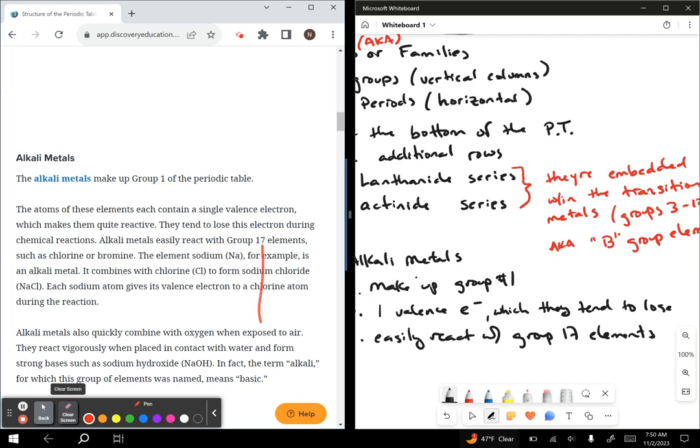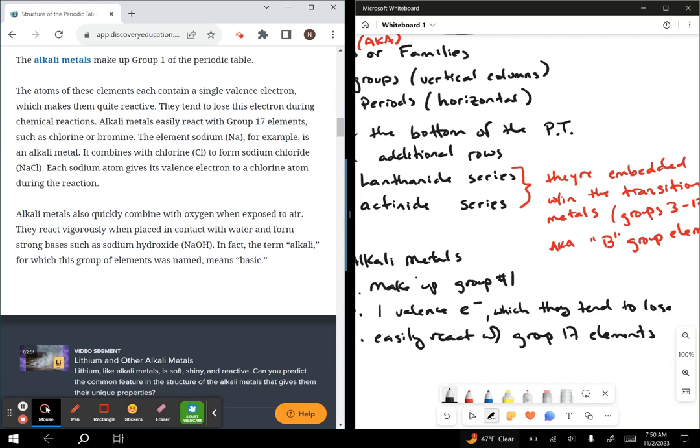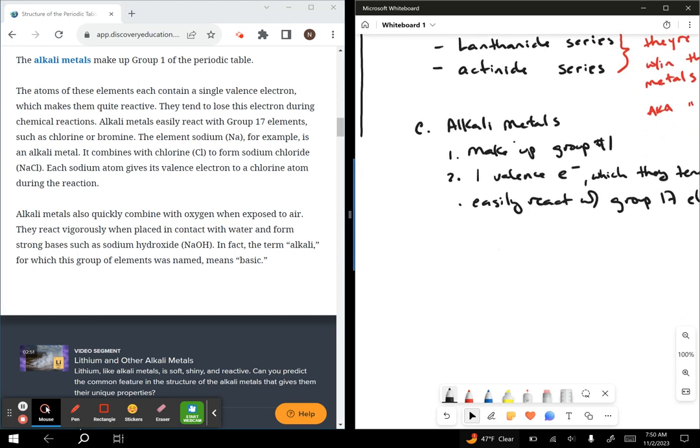Alkali metals also quickly combine with oxygen. They vigorously react with water, forming strong bases. So these are some good characteristics to write down.